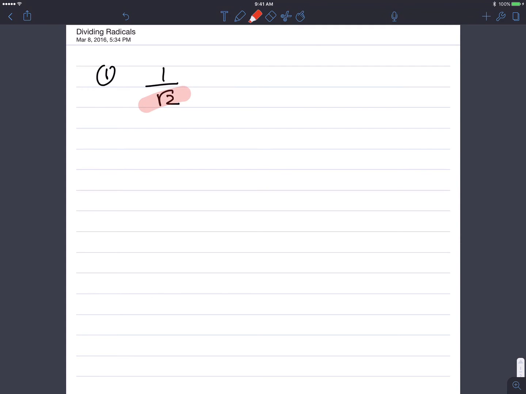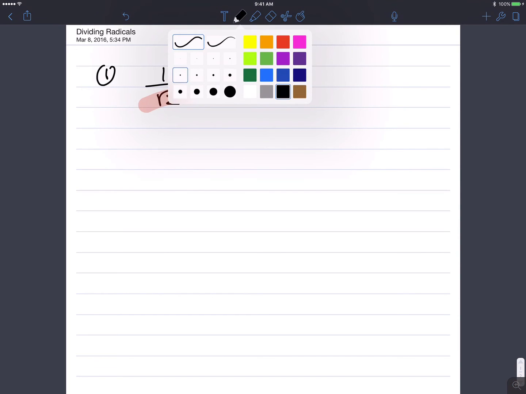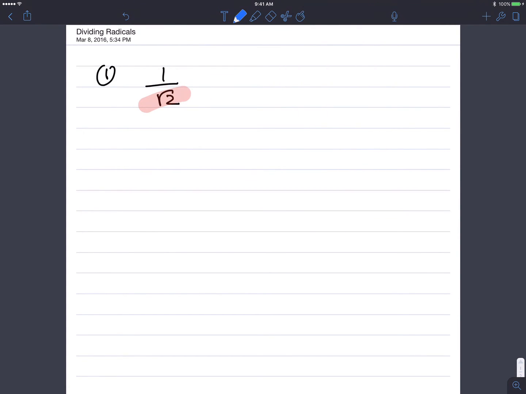So you see a fraction here, and the denominator is a square root of 2. That's an irrational number. We want to actually have a rational number in that position on the bottom of the denominator. So we're going to use some ideas here that we had in the last video and that we discussed in class.